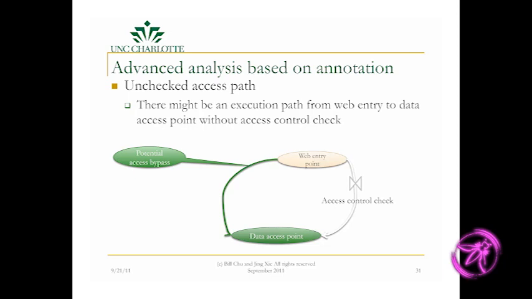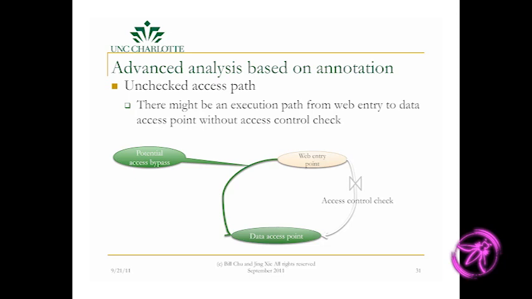This wiggly thing here is where the developer says, here, this is where I did my access control. Now, we actually have no idea whether this is accurate or sufficient. We just say, okay, it looks like a Boolean test. It's on the path from the entry to the database access point, so I assume you did a good job. But then we can do some path analysis in the code.